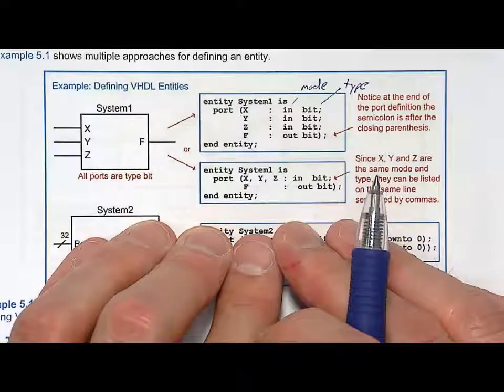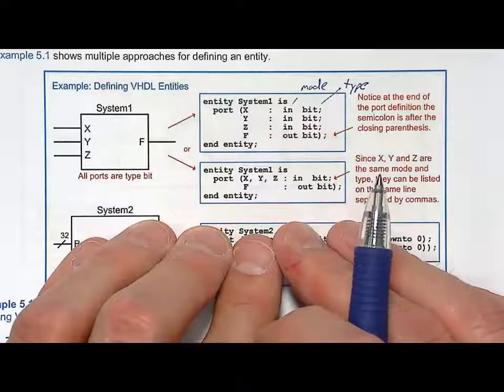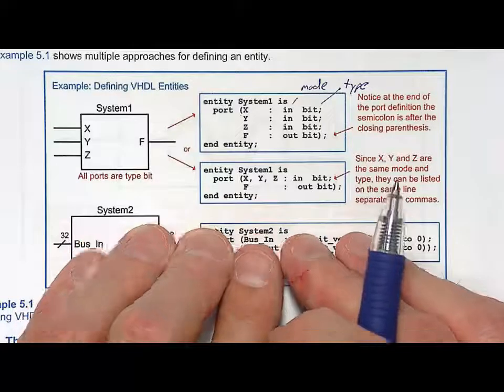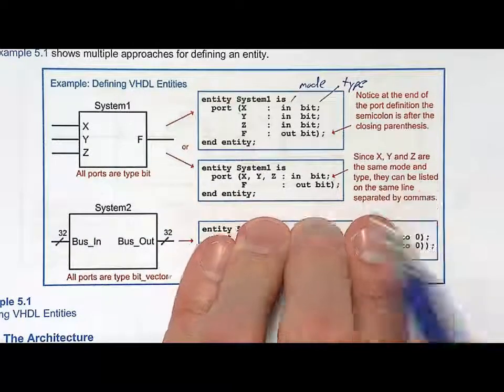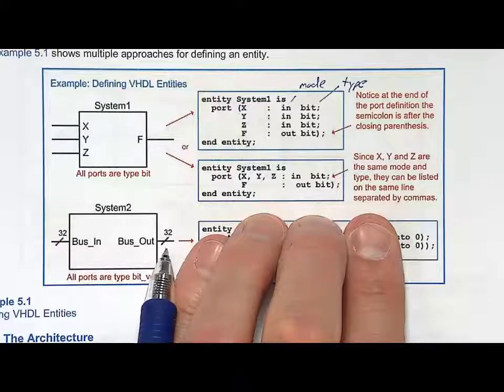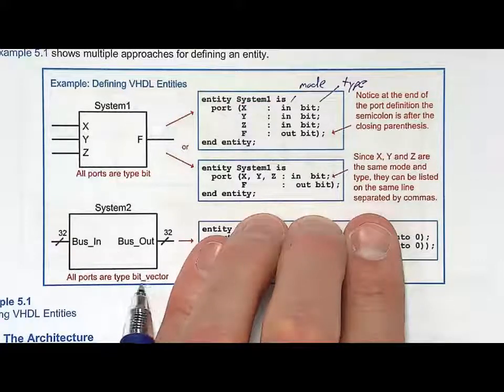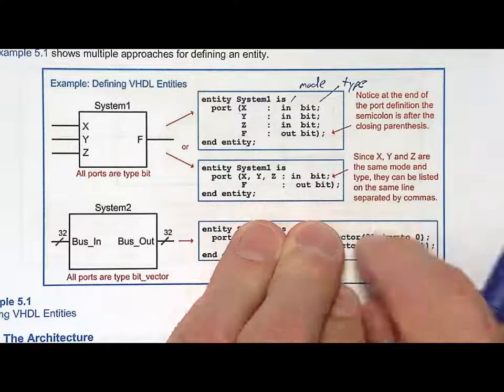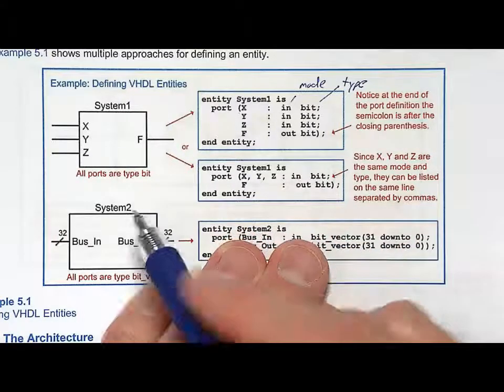Let's look at how we use the type bit_vector, and we'll do an example here where we're going to have a system which has a 32-bit input vector and a 32-bit output vector, and its type is bit_vector. So the way we do this, let's say that this is called system 2.